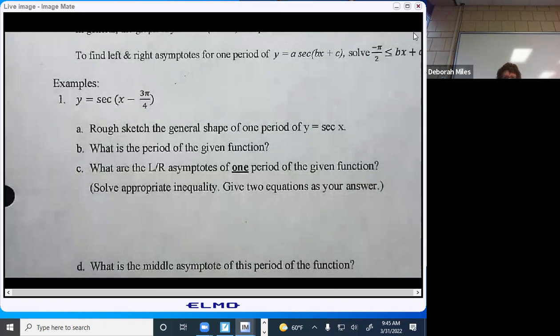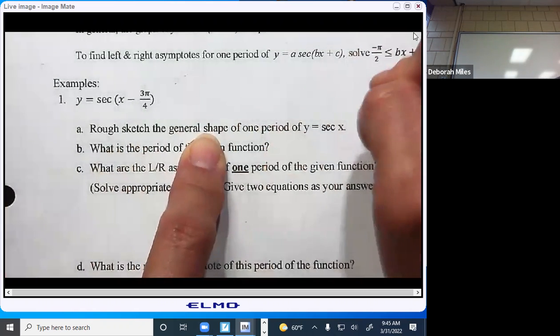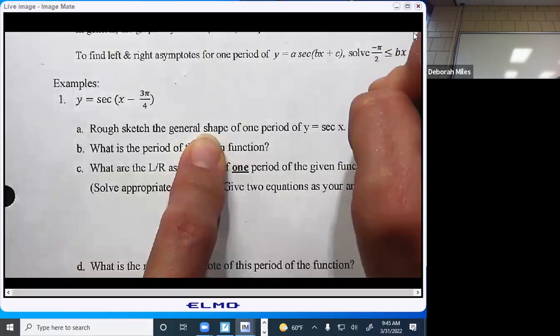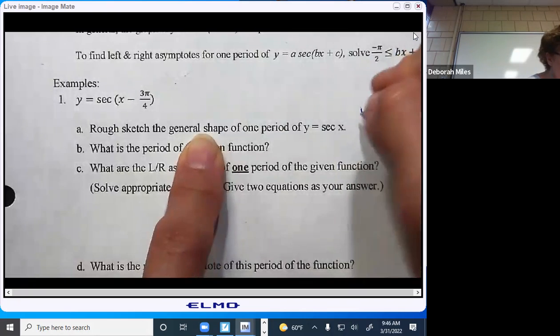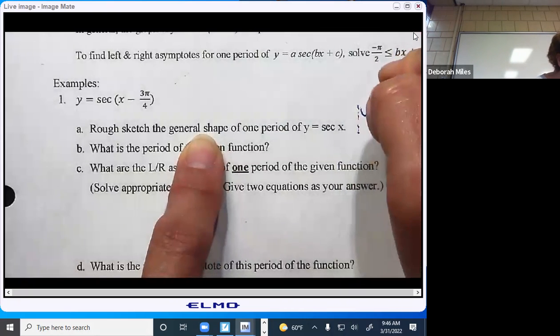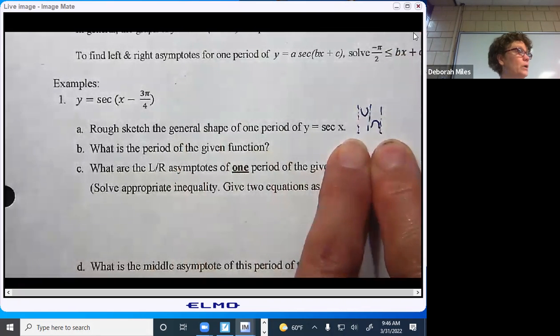Secant of x minus 3 pi over 4, we start with kind of the easy one that only has a horizontal shift on it. The general shape of one period of secant, we know 1 concave up, 1 concave down, but I think it would be helpful to you if you went ahead in that rough sketch and told me where those asymptotes were.